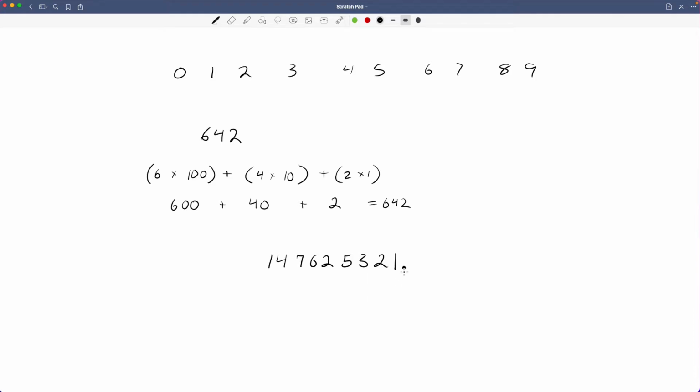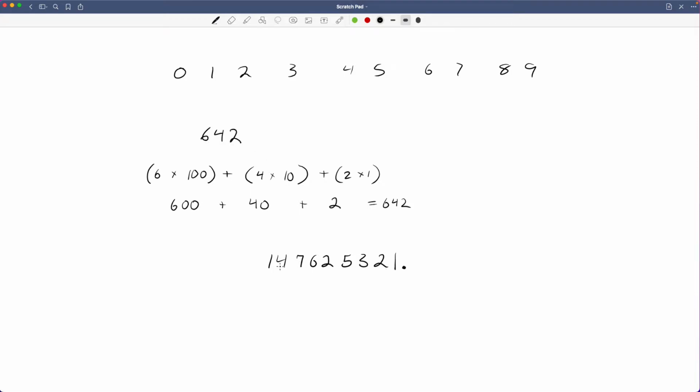The decimal point is like our point of origin. And the further to the left, the bigger the number, because we add the zeros behind it that increases the place value, right? Just like we did here, we had 2 zeros behind the 100 and 1 zero behind the 10 and no zeros behind the 1.